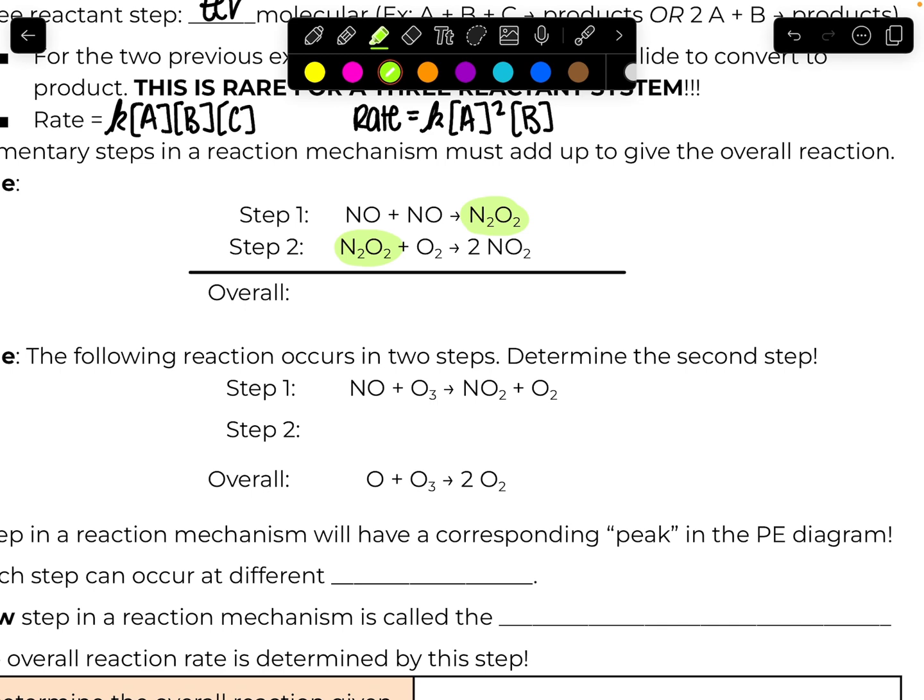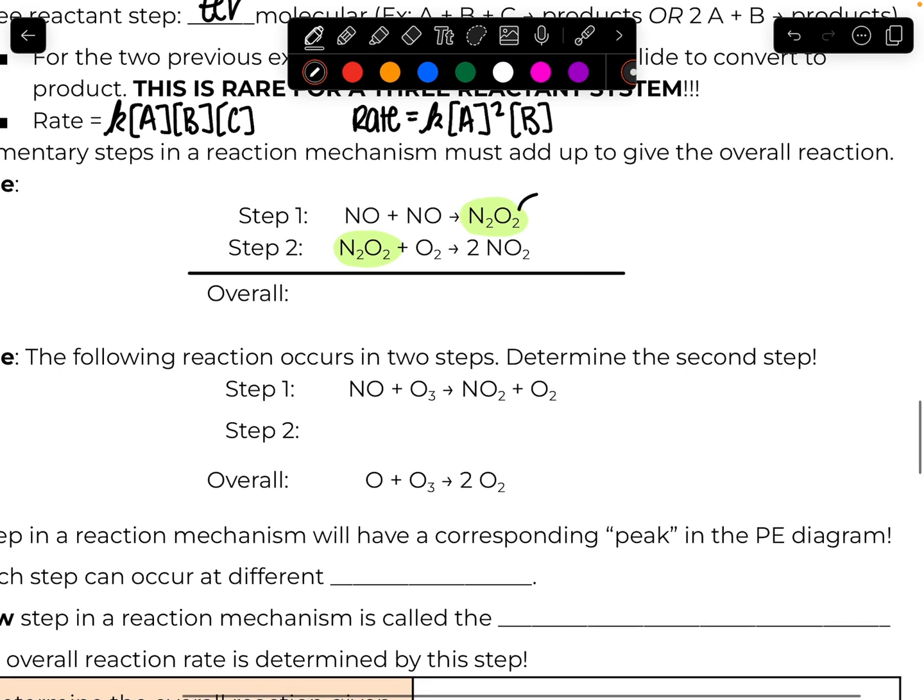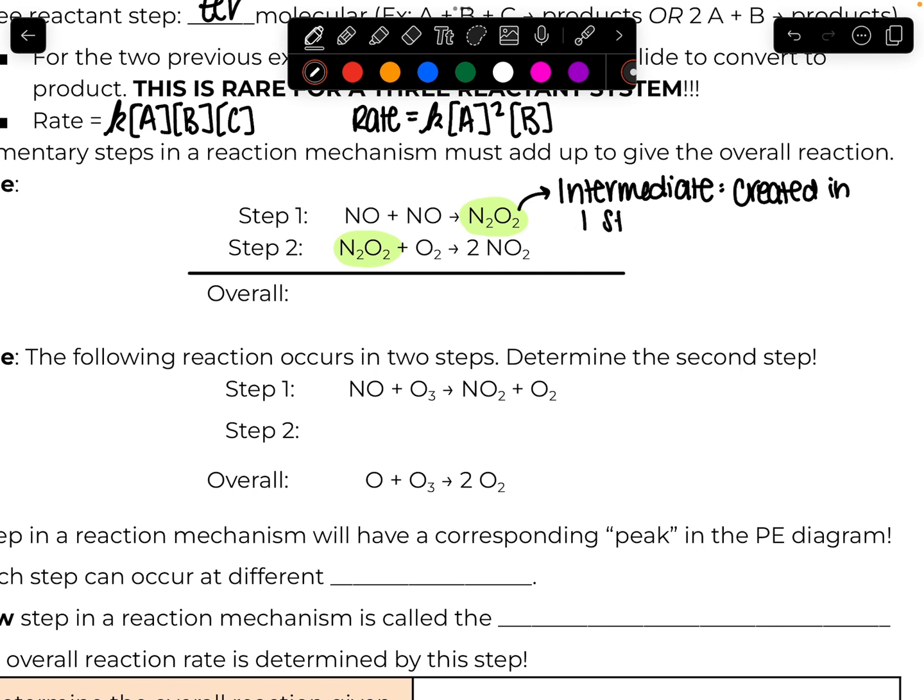It gets used. So that means this thing is what we call a reaction intermediate. Intermediates are created in one step and consumed in a later step.